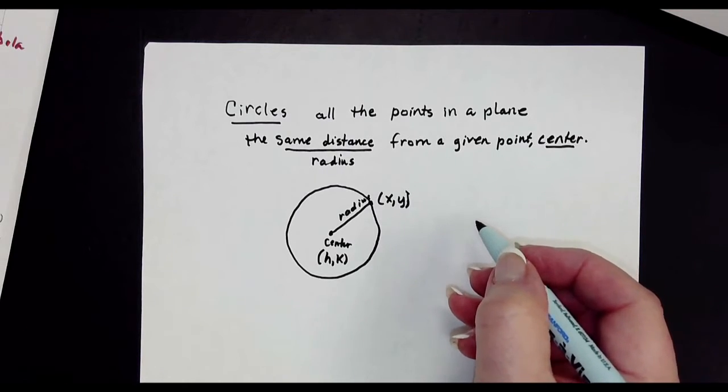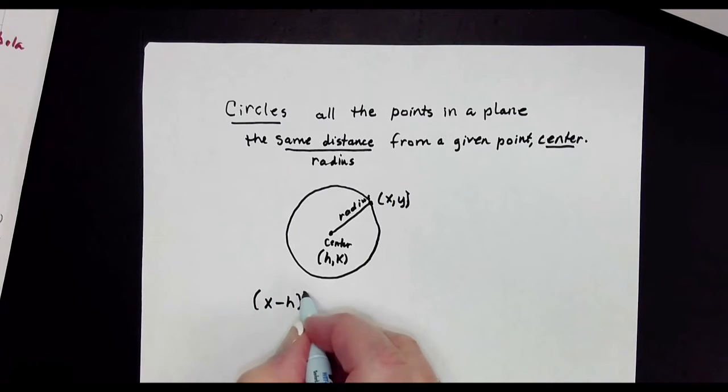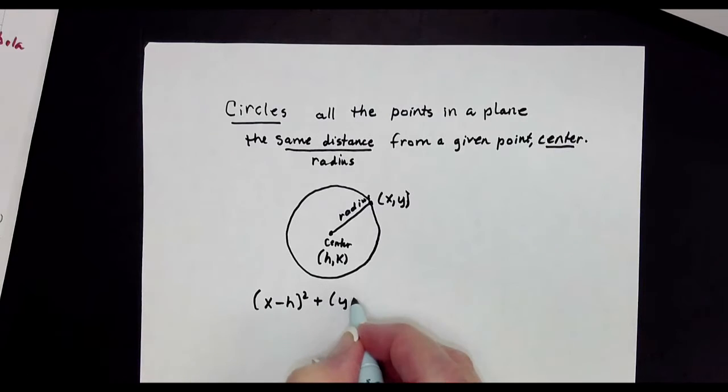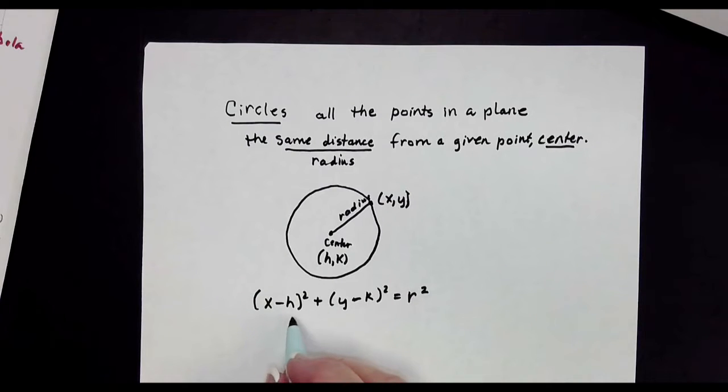Now, we have a formula for a circle: (x minus h) squared plus (y minus k) squared equals r squared. So x minus h is the h part of the center, and the k is the k part of the center.